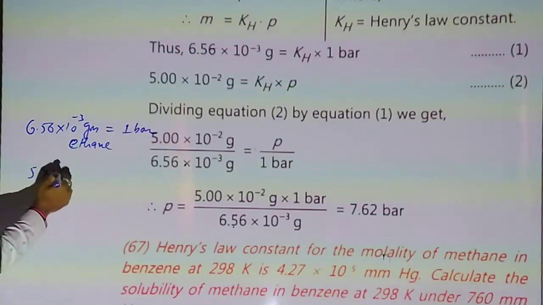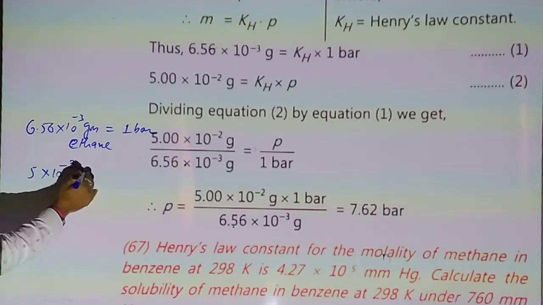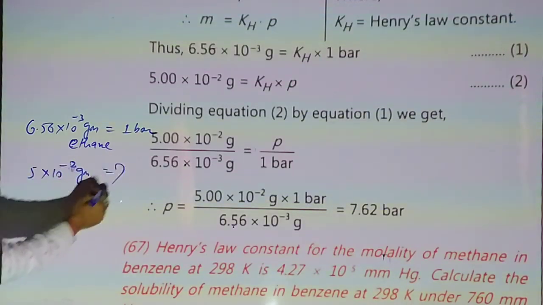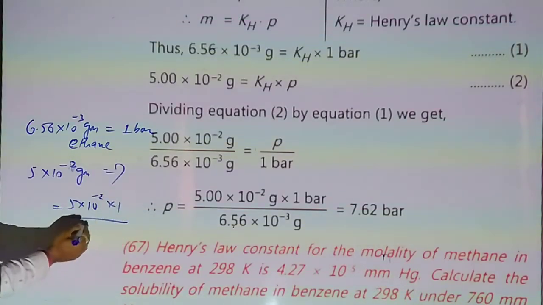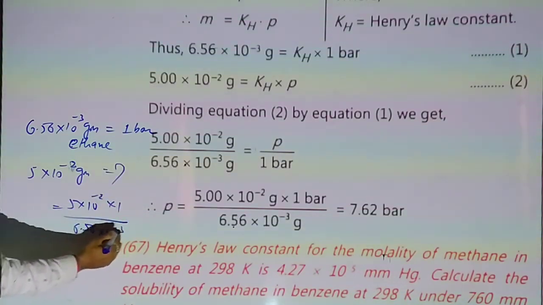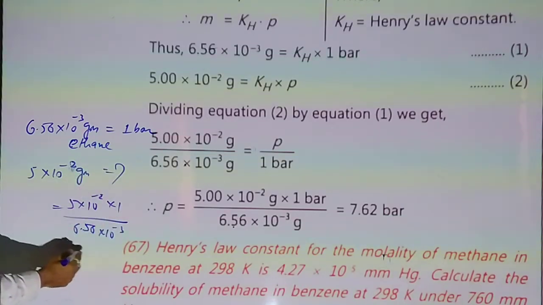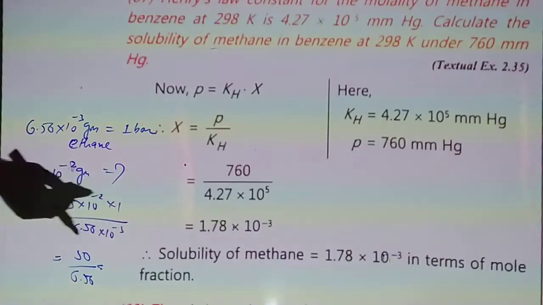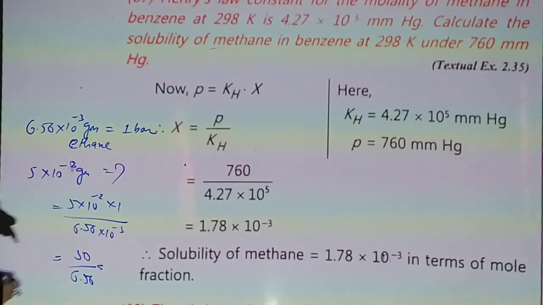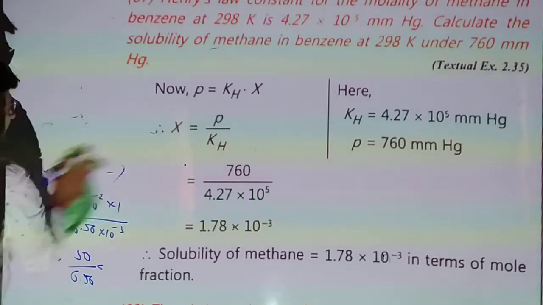So at 5 × 10⁻² gram, how much? 5 × 10⁻² divided by 6.56 × 10⁻³, so 50 divided by 6.56, that is 7.62. Now 2.35.